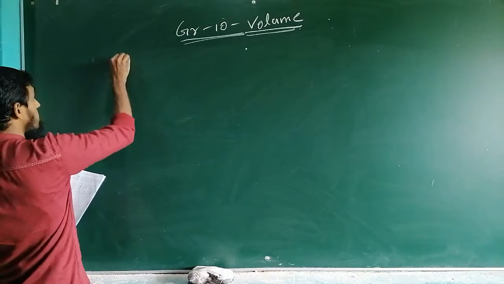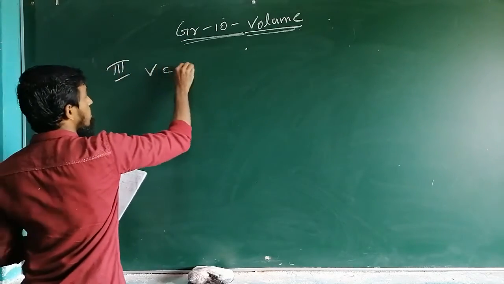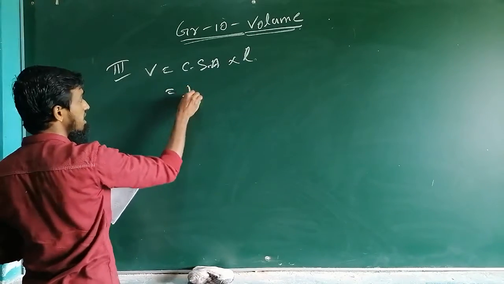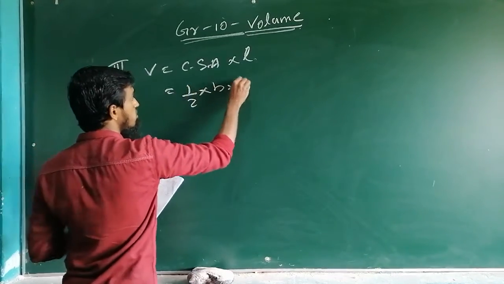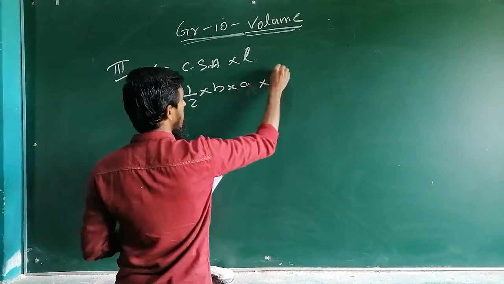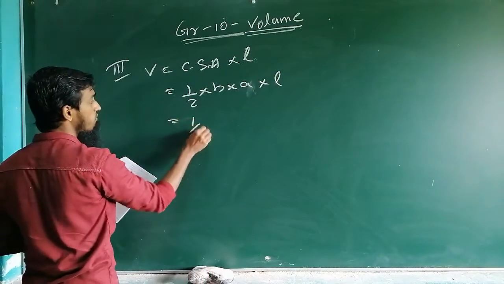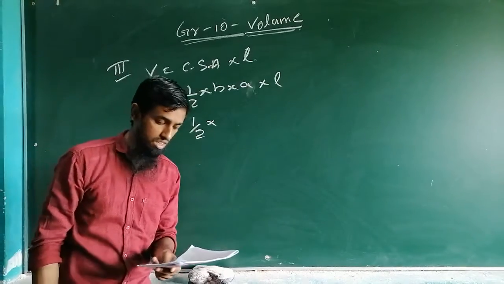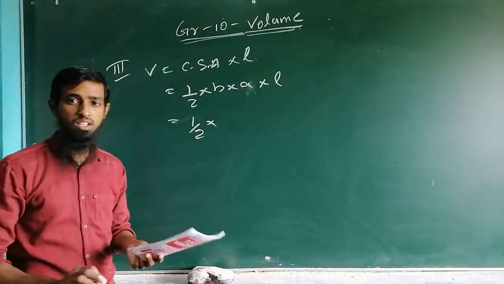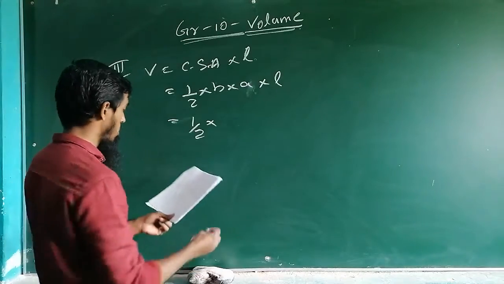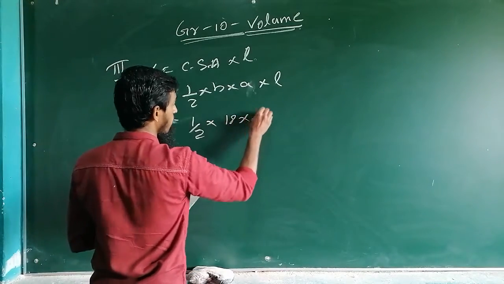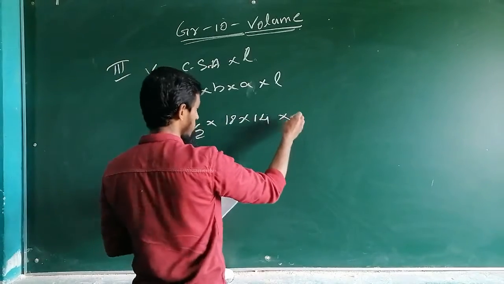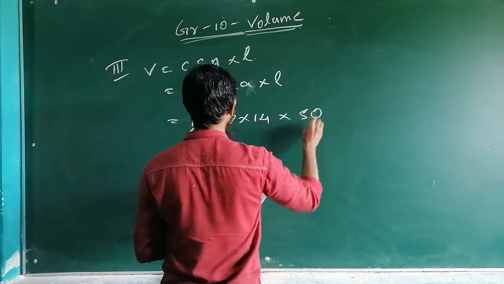Directly we can find the volume: cross-sectional area into length. The cross-sectional area is half into base into altitude. The right-angled triangle is given, so we can take the base and the perpendicular height, 18 and 14. Into length 50.